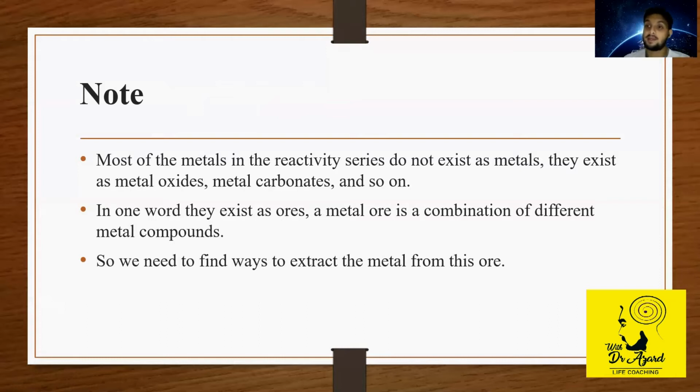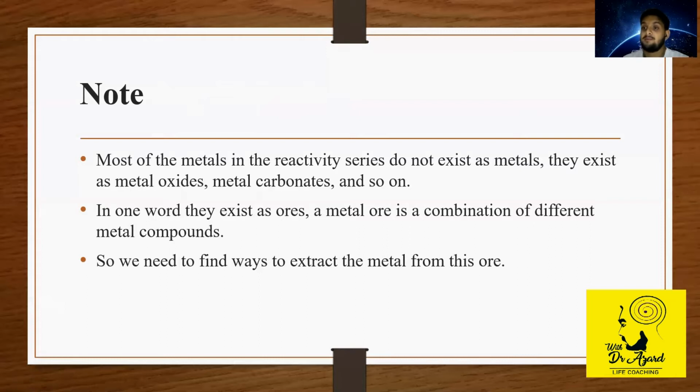So our task is to find a method to extract the metal from this metal ore. From a metal oxide, we want only the metal, because the metal is what we need in order to accomplish our daily tasks. That's the whole point of this lesson.